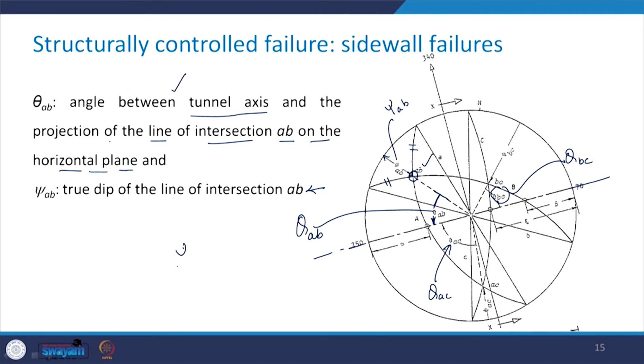The expression that we are using to obtain psi ABT, the similar expression we can write for the determination of psi BCT and psi ACT. So therefore, we would need theta BC, theta AC along with psi AC and psi BC.